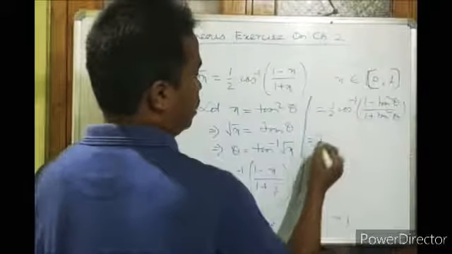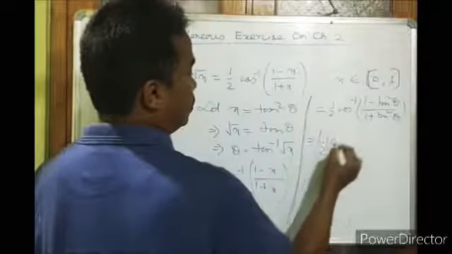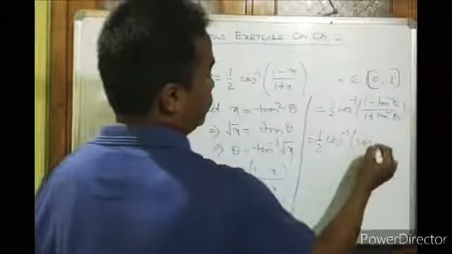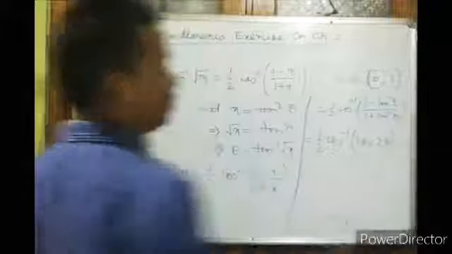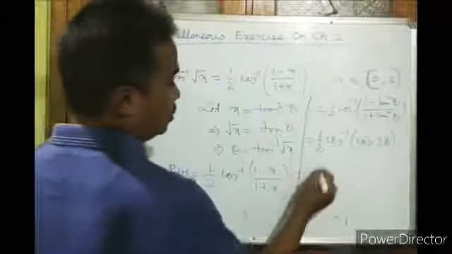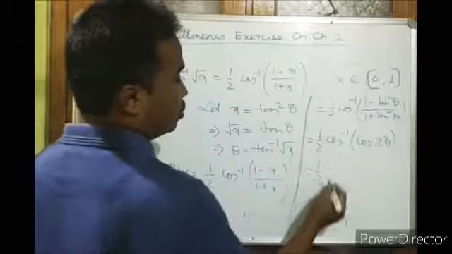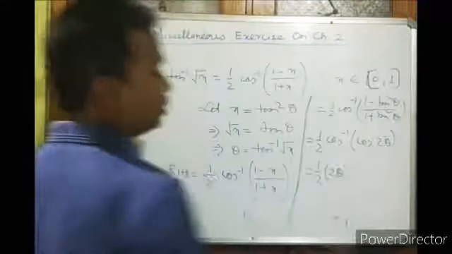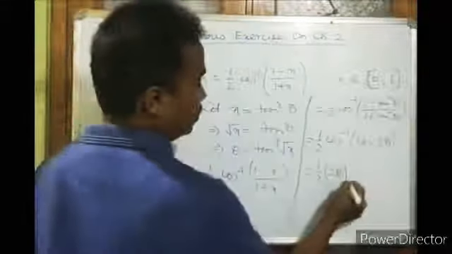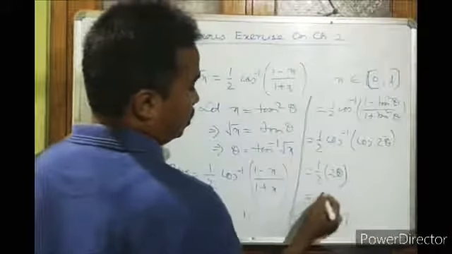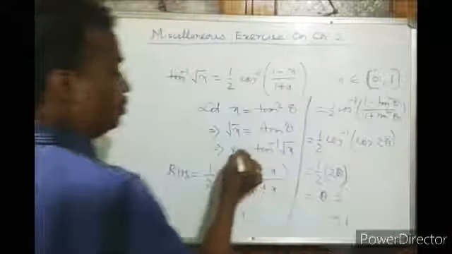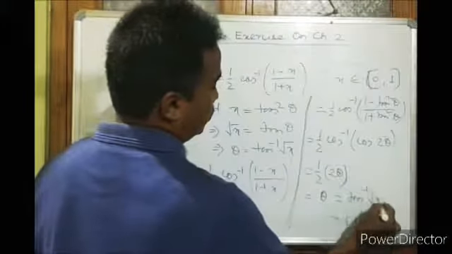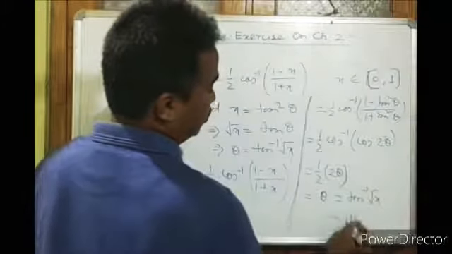So this is equal to half cos inverse cos of 2 theta, which is equal to half of 2 theta. So this is equal to theta, and theta is equal to tan inverse root x. Hence proved.